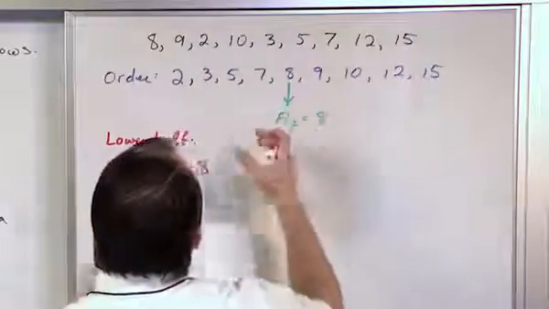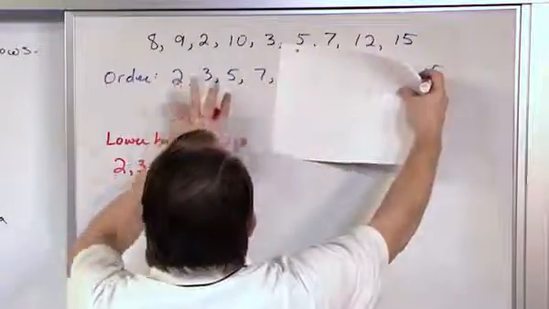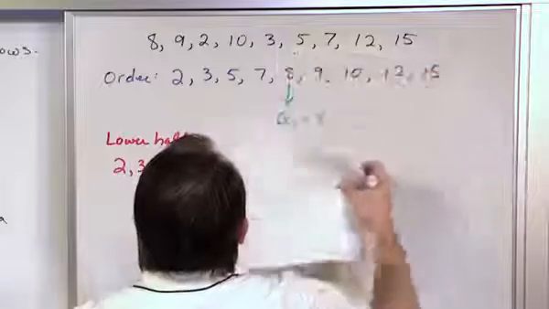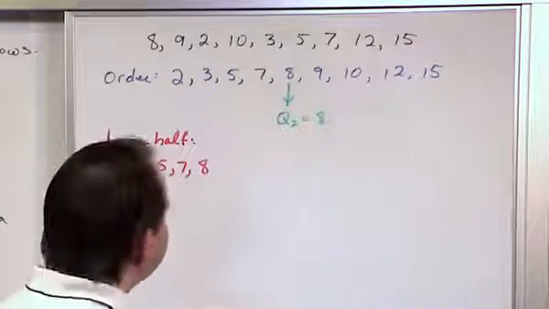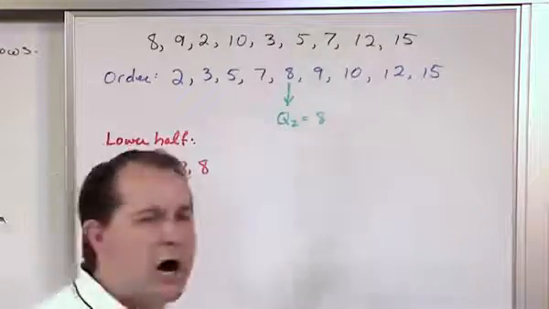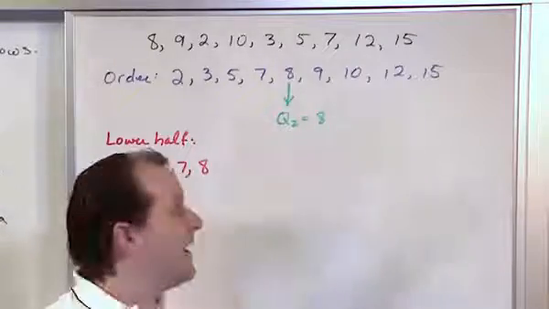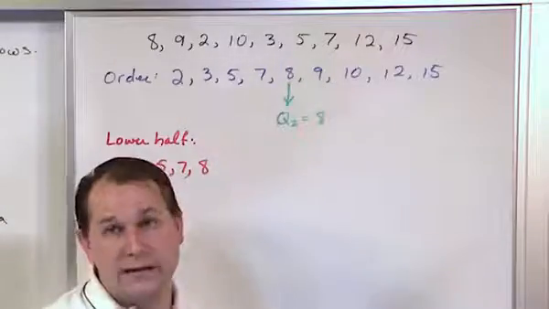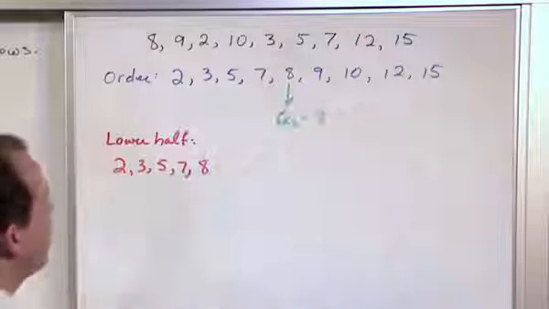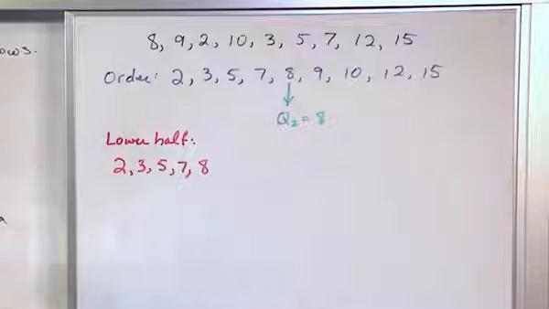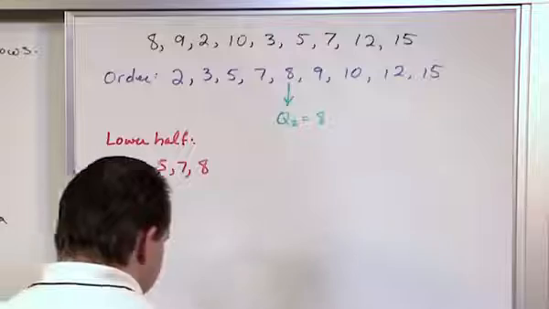We can't just look at these 4 values as the lower half, because then we're leaving out our 8. It does participate. So when you have an odd number of values in your data set, the middle number is your median, and you need to include it in the upper and the lower half. You have to choose some convention, and we choose to include it.